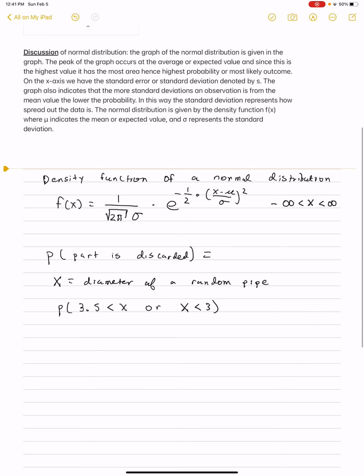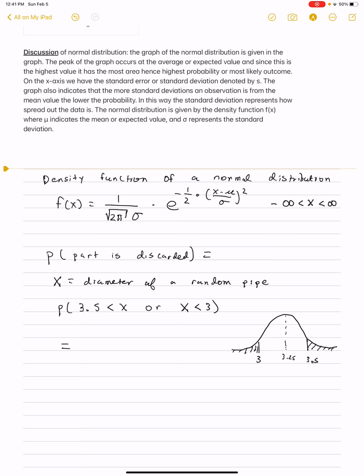I could do the complementary event here. If I was to draw a normal distribution, here's 3 inches, here's 3.5, and I'll put the peak there at 3.25. I'm being asked to calculate the probability in these tails.